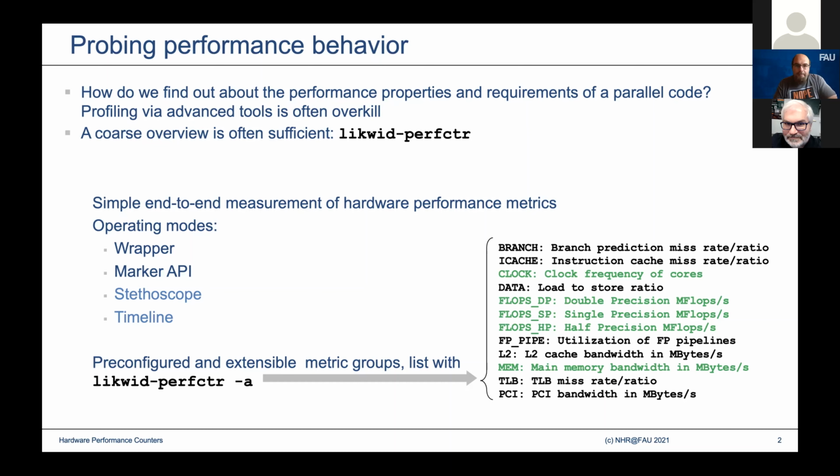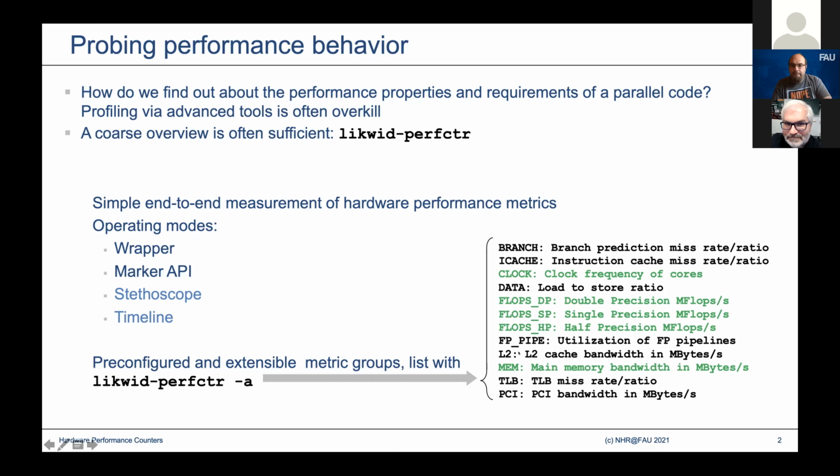The hardware performance events are pretty hard to manage. So for the raw hardware events, likwid provides some pre-configured metric groups. They can be extended by the user, sorry. And you can get a list of those with likwid-perfctr -a.